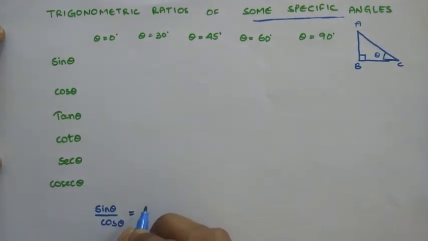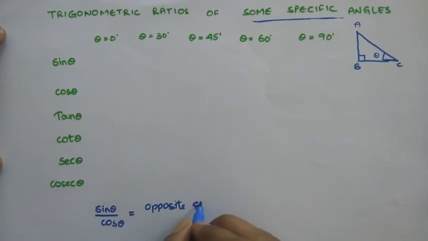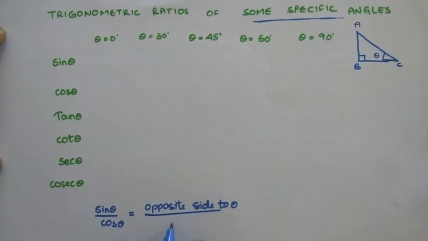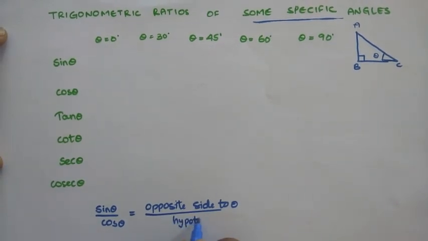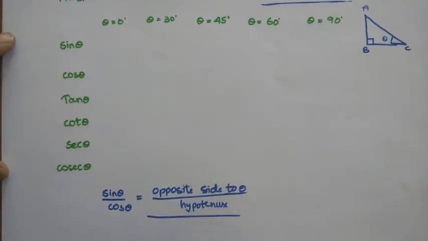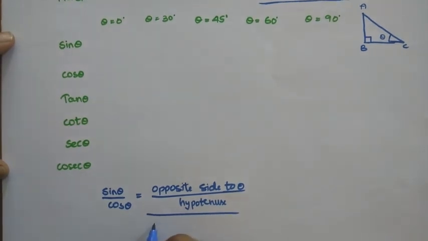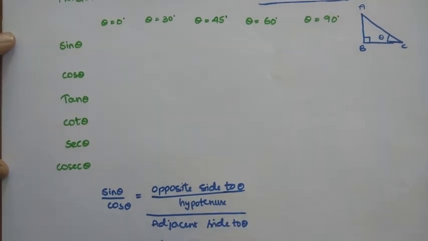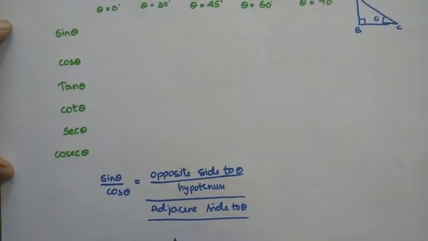It is the opposite side to theta by hypotenuse, divided by cos theta. Cos theta is nothing but the adjacent side to theta by hypotenuse.